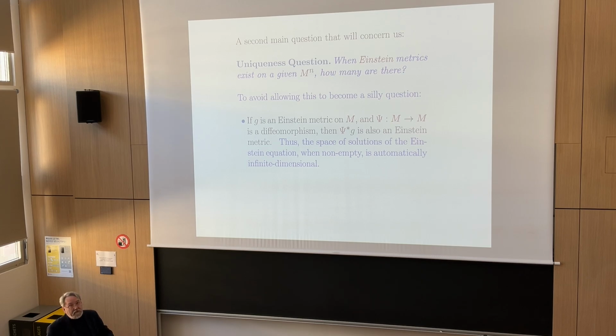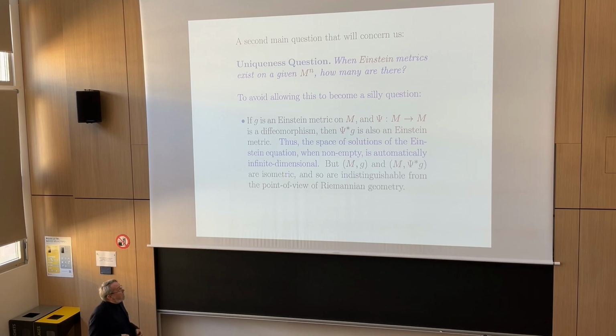In particular, you can look at the flows of vector fields for small times, and that depends on infinitely many parameters. So the diffeomorphism group is always infinite dimensional, while the isometry groups of Riemannian manifolds are always finite dimensional. So this is a way you would automatically know that there would be an infinite dimensional space of other solutions of this Einstein equation, given just one solution.